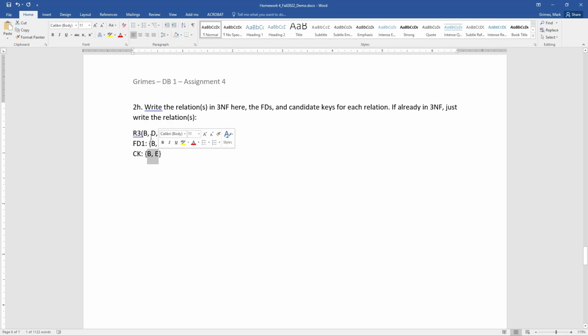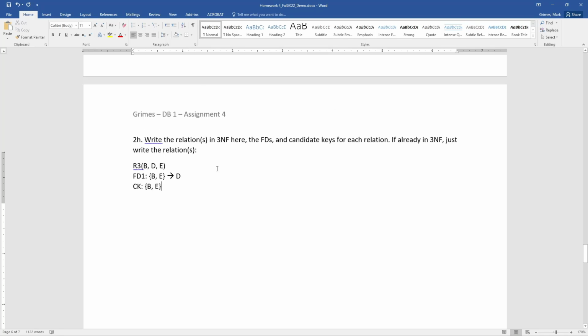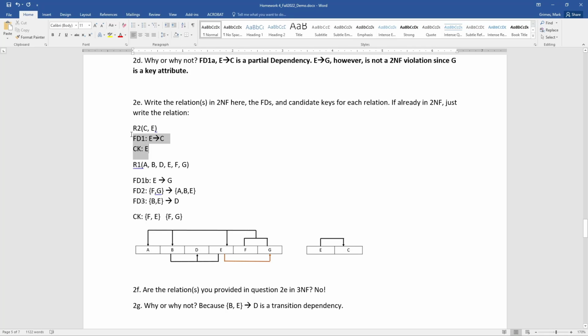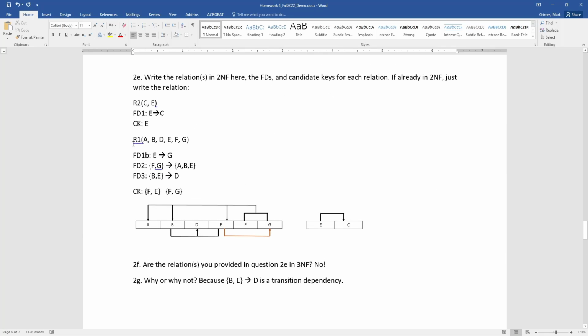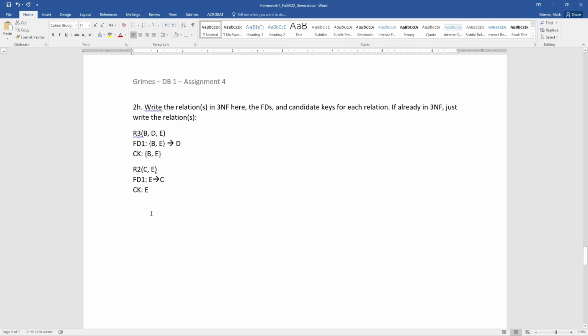So BE functionally determines every attribute in the relation. We said relation 2 was already good and in third normal form. And then relation 1, with these functional dependencies, we have to leave BE behind to be a candidate key in this relation, but we got rid of the attribute D and this problematic functional dependency here.